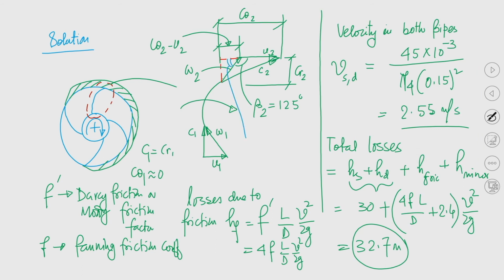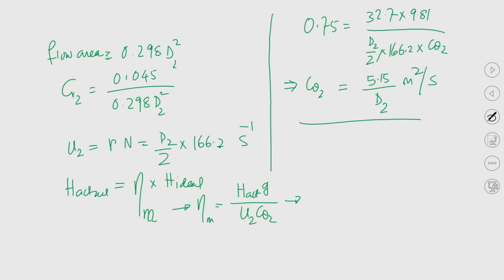This angle is 180 minus beta 2, that is 55 degree. So, we know this is cr2 and this is c theta 2 minus u2. From this trigonometric relation we can write tan 55 equal to cr2 divided by c theta 2 minus u2.